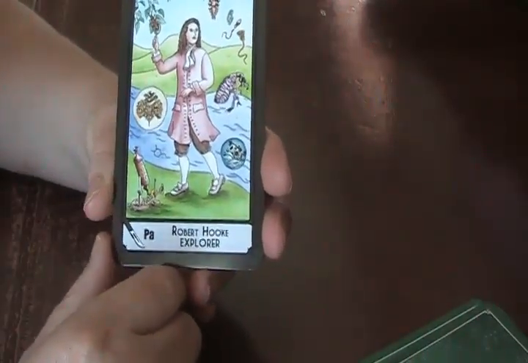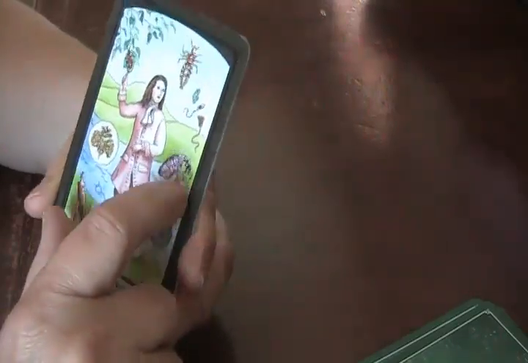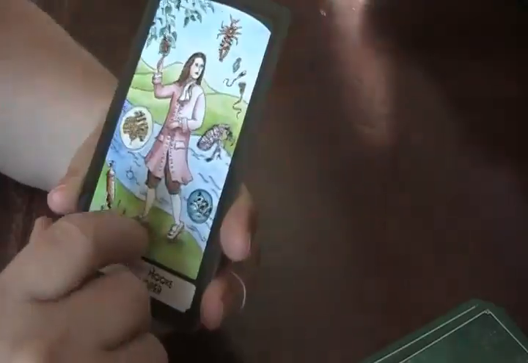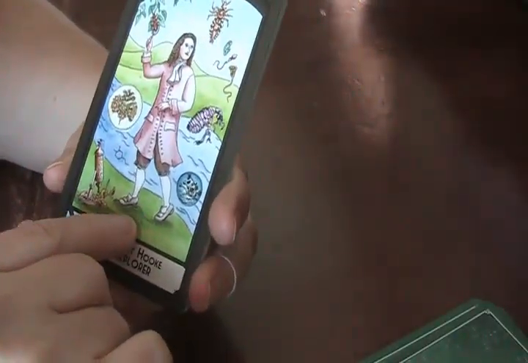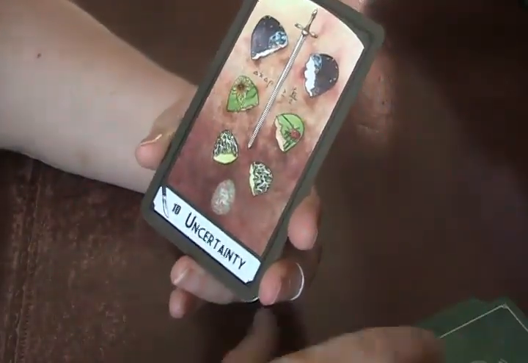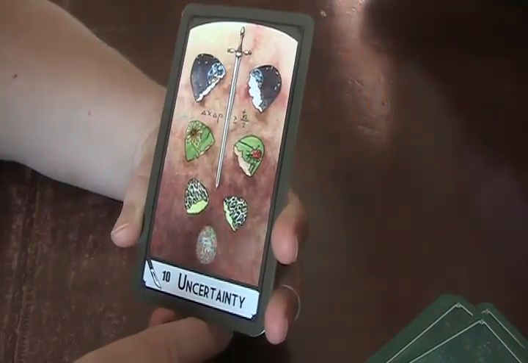Bob Hooke, Robert Hooke, it's probably Sir Robert Hooke. It looks like he was a microbiologist. He's got a microscope.